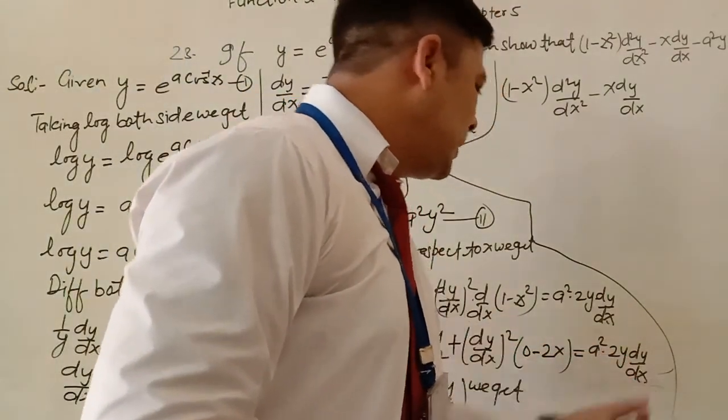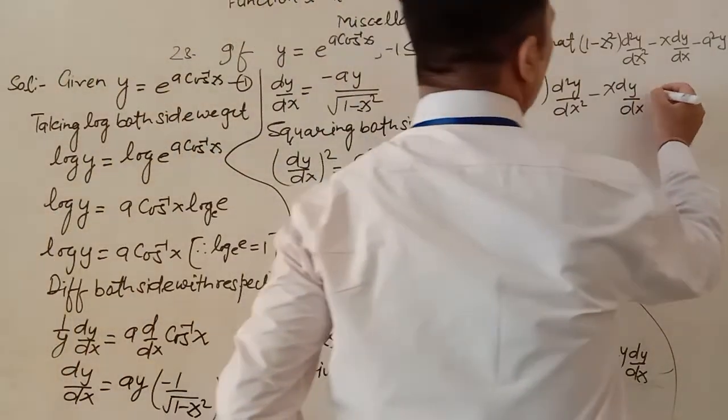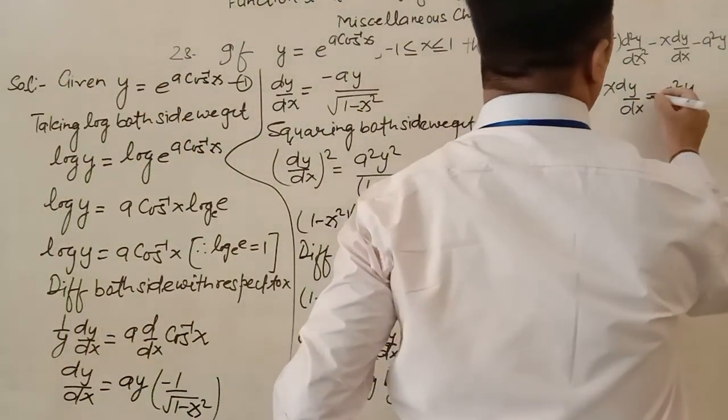Here 2 dy upon dx is cancelled out. It is equal to a square y.